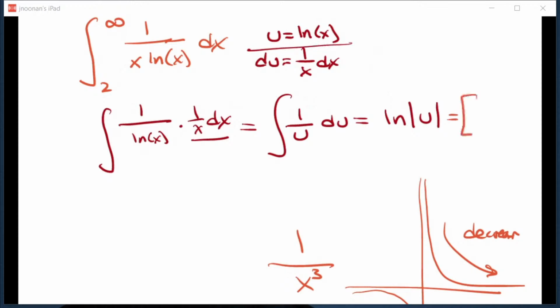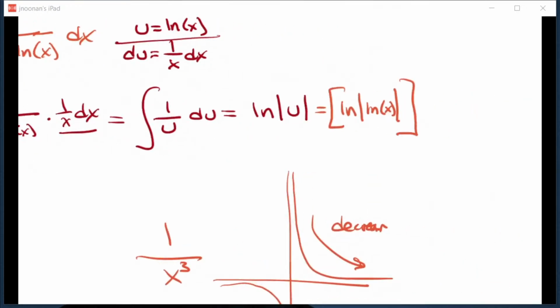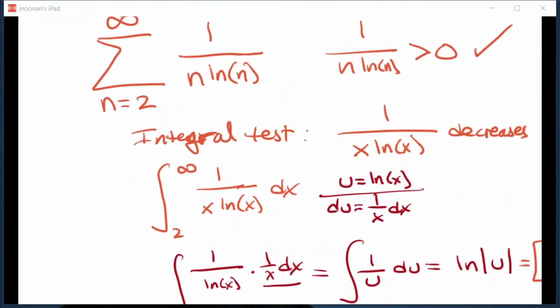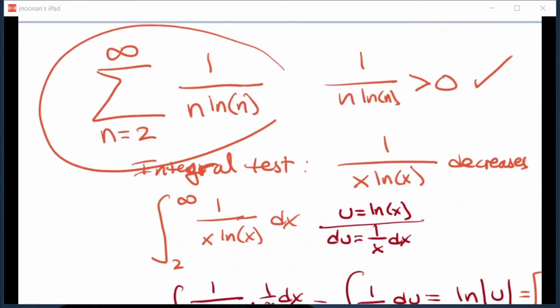That's going to be the natural log of the natural log of x, evaluated from 2 to infinity, and that diverges. Sad. Well, it still is a reminder that when the integral diverges in an integral test, then the series diverges. So this thing will diverge.